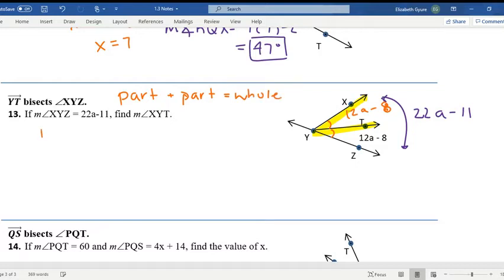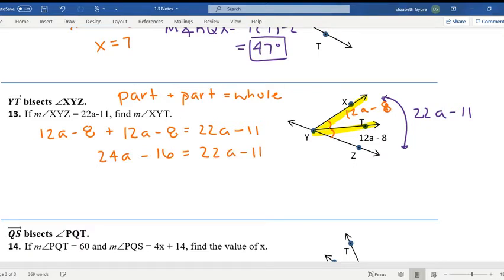So my one part is 12a minus 8. My other part is also 12a minus 8. And the whole thing is 22a minus 11. Combine your like terms. That's 24a minus 16 equals 22a minus 11.